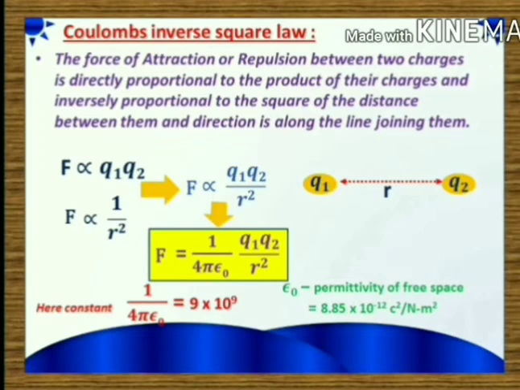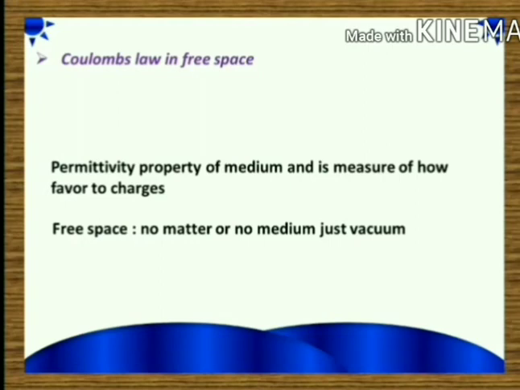Here what is epsilon naught? Epsilon naught is the permittivity of free space. The value of epsilon naught is 8.85 times 10 to the power of minus 12 coulomb square per newton meter square. Here free space means there is no medium, nothing is there, there is no matter, empty space.